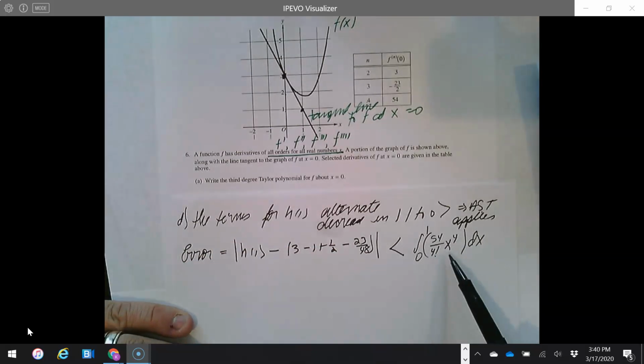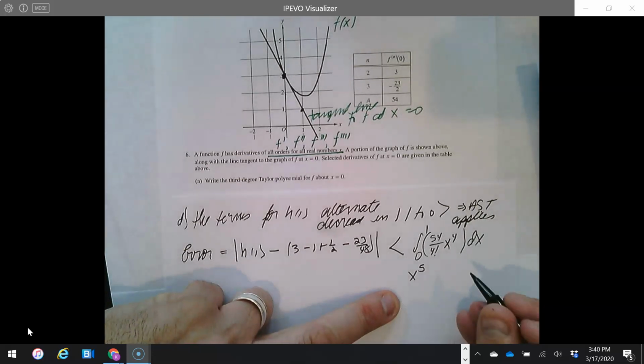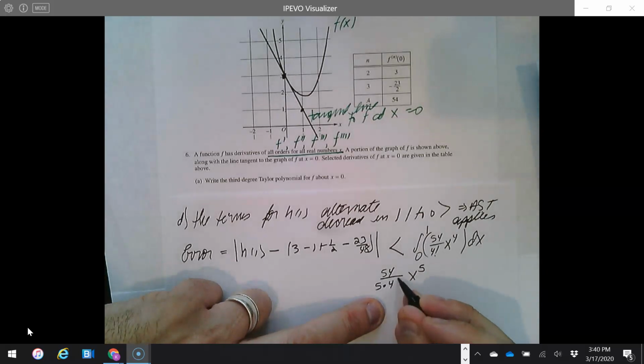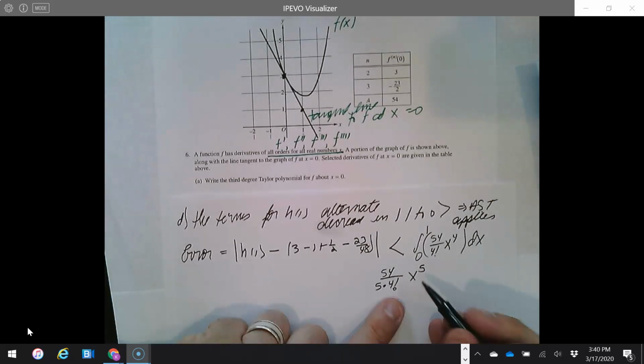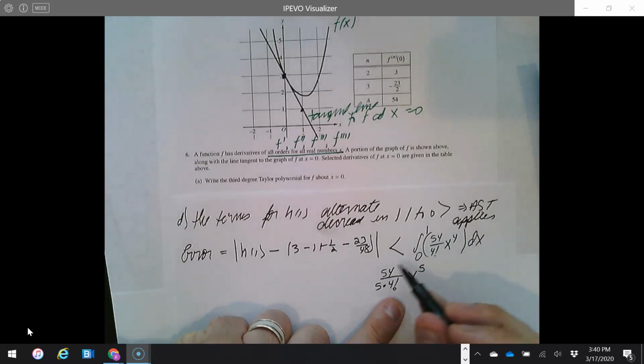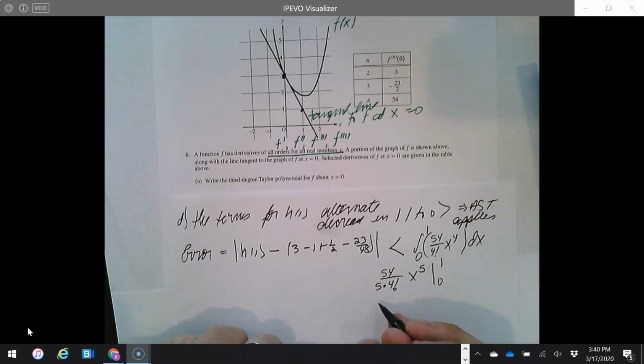Well, as ugly as this is, it's a polynomial. To integrate it, I add 1 to the power, and I have 54 over 5 times 4 factorial. If you're not sure what happened, add 1 to the power, divide this fraction by that new power, and evaluate from 0 to 1.